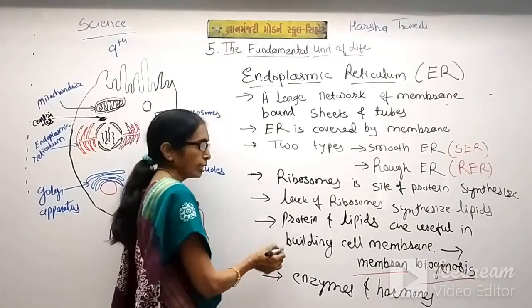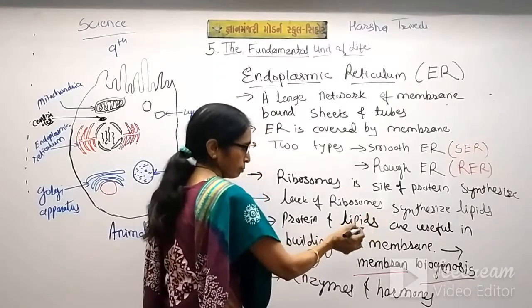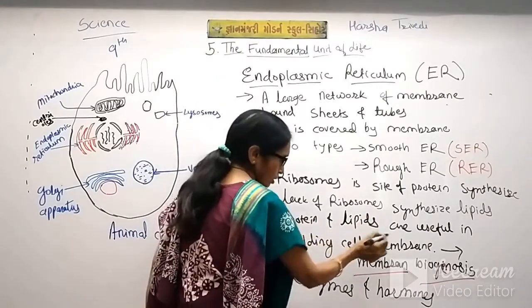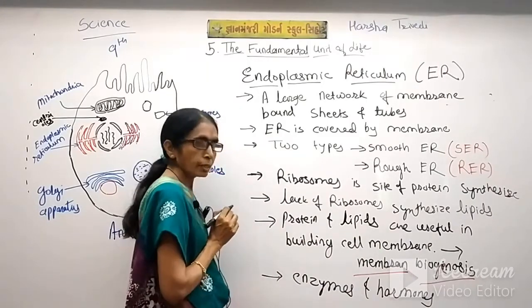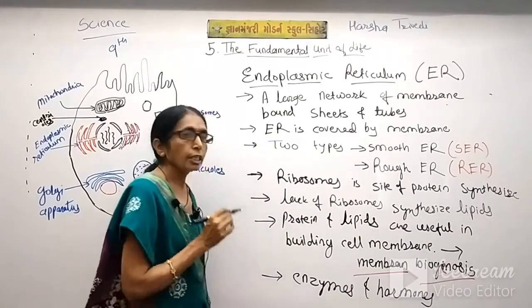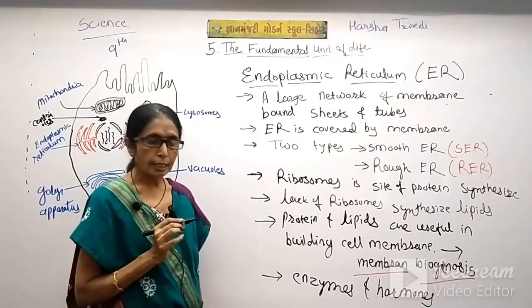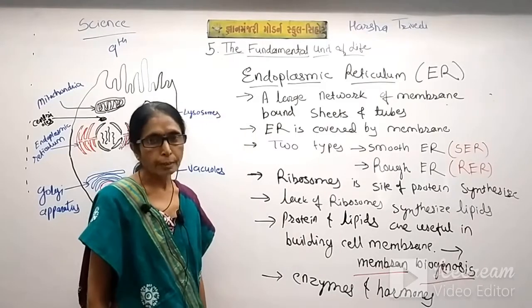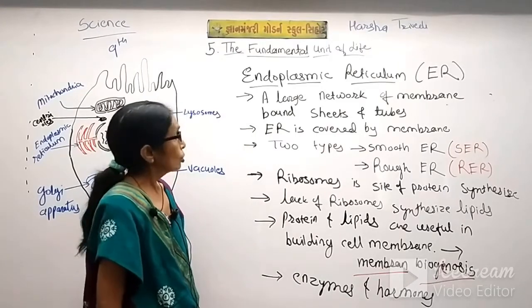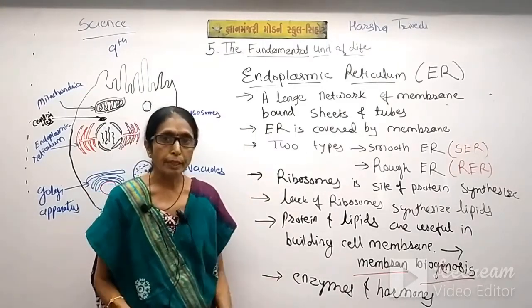They are useful in the cell membrane, and the process is called membrane biogenesis. Also, these proteins and lipids are responsible for enzymes and hormones present in the cell. So this is about the endoplasmic reticulum.